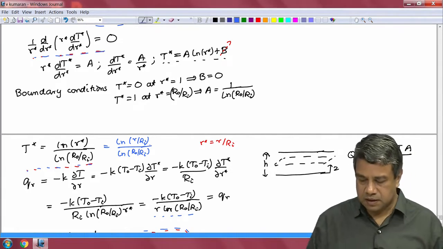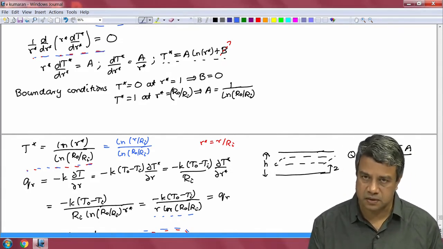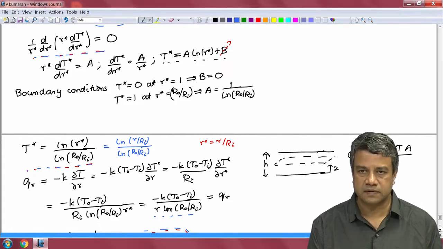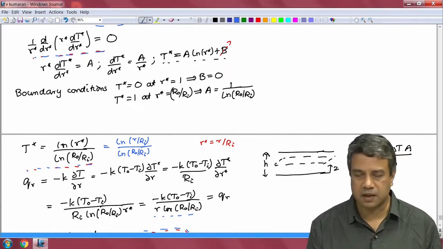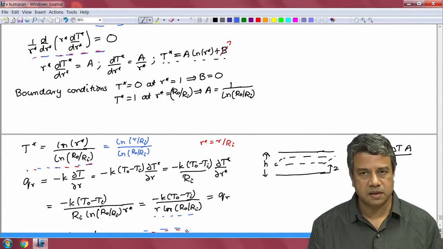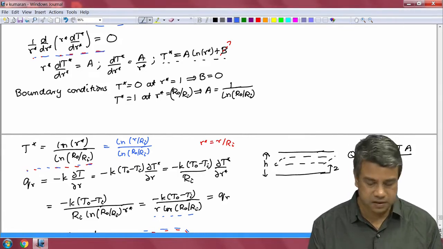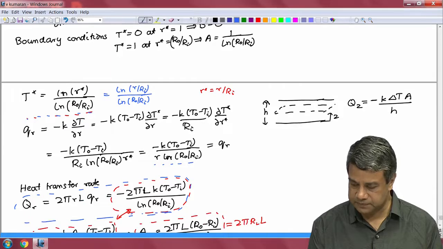That is what the temperature field is for a steady temperature with 0 at the inner surface and 1 at the outer surface. So, if I scale the temperature such that the temperature is 0 on the inner surface and 1 on the outer surface, this is what I get for the temperature field.